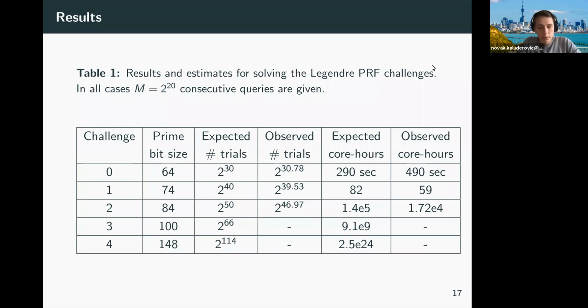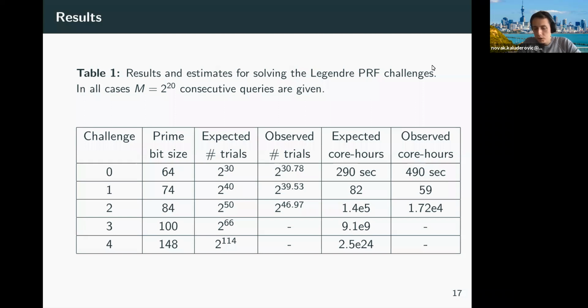The 100-bit challenge is still far from being solved. Our estimates tell us that our algorithm has an expected runtime of 9 billion core hours, and this is still far from being solved.